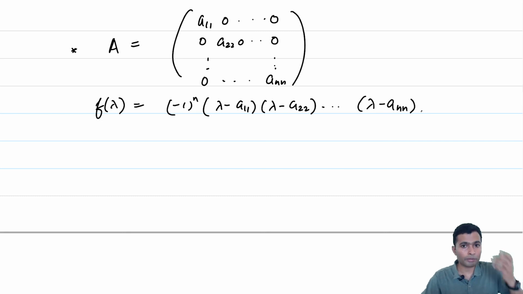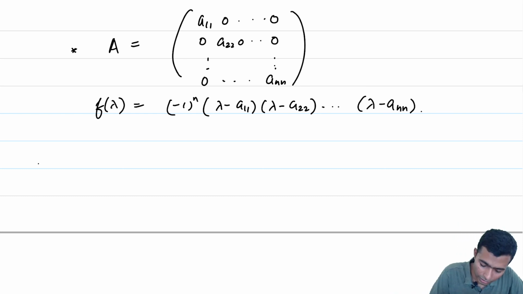We also know that if a matrix is diagonalizable, that means that it is similar to a diagonal matrix. And we just proved in the beginning of this video that similar matrices have the same characteristic polynomial, and therefore the characteristic polynomial of a diagonalizable matrix necessarily splits.